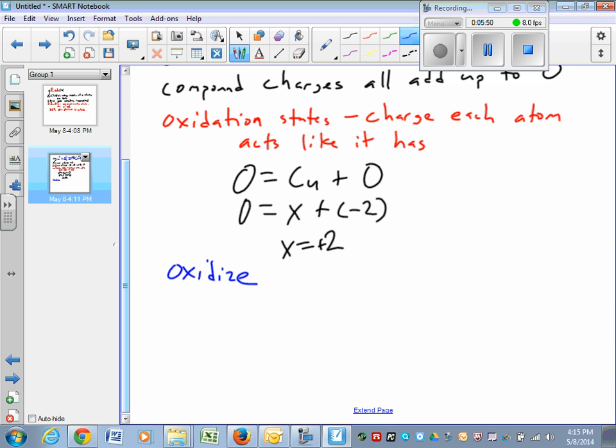And oxygen went from a charge of 0 to a charge of -2. So in order to become positive, did we gain or lose electrons? The answer, of course, is that we lost electrons. That means that copper is the thing that got oxidized. Oxygen gained electrons. That means oxygen got reduced.